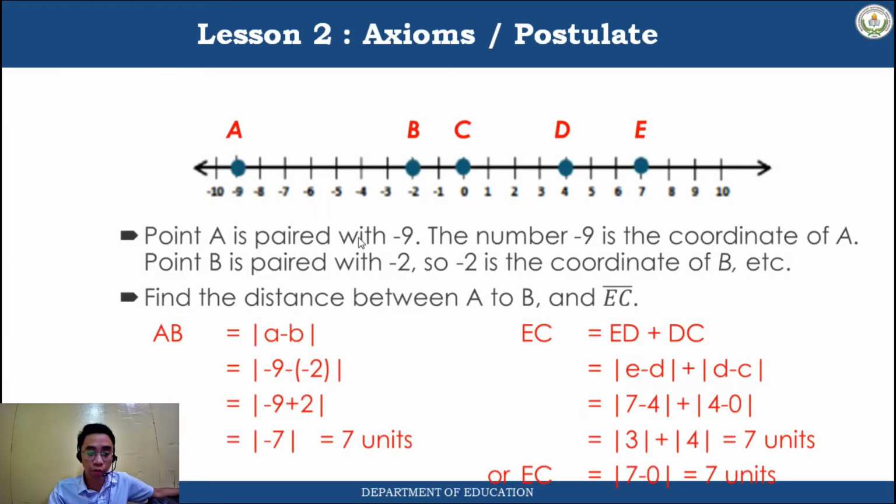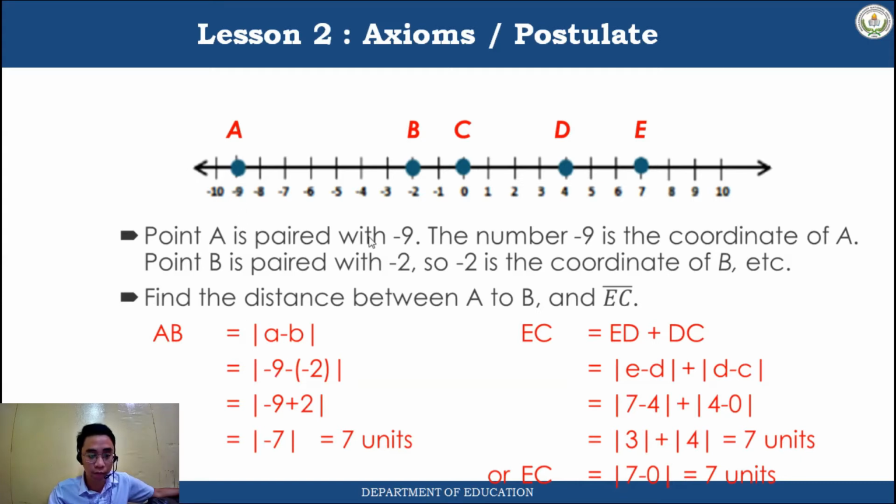Point A is paired with negative 9. So, nasa negative 9 yung point A. The number negative 9 is the coordinate of A. The point B is paired with negative 2. So, nasa negative 2, so negative 2 is the coordinate of B. Find the distance of A to B and E to C. So, kung makikita natin, yung A ay nasa negative 9.